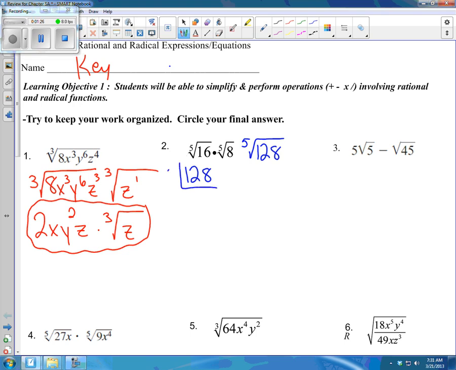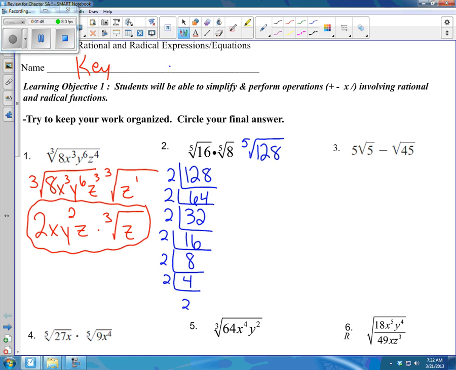Starting, I get 2 and 64, and at this point I'm just going to walk through this and not talk. So 128 is broken down into a bunch of 2's, and when I count, there's actually 7 2's.